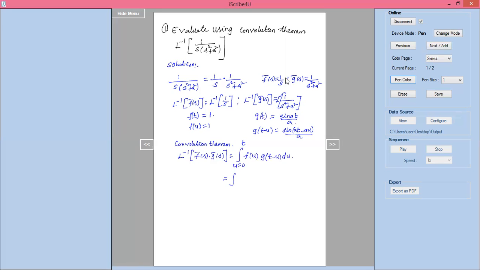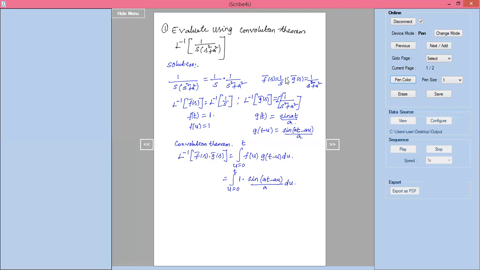Here f of u is 1, and g of t minus u is sin of a t minus a u divided by a, into du.